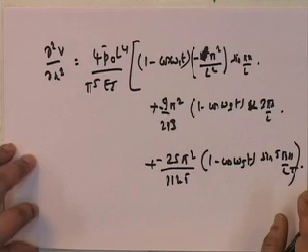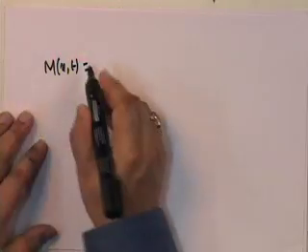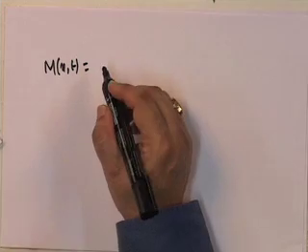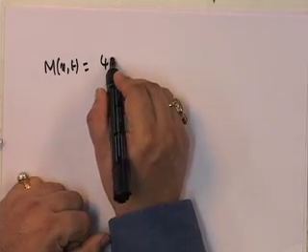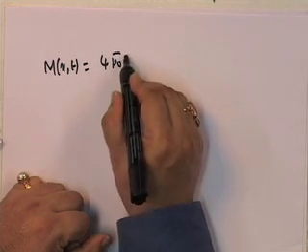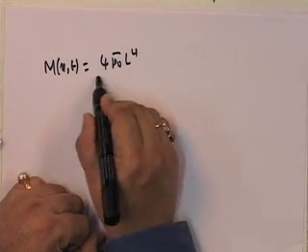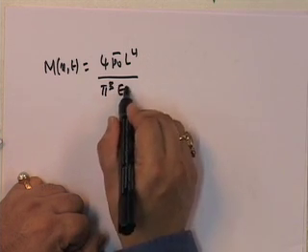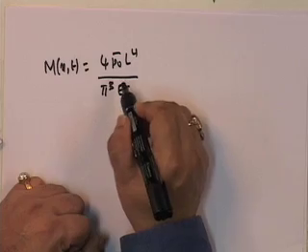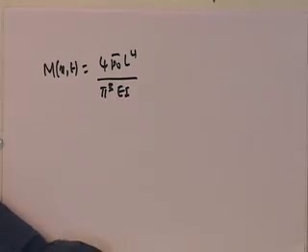So, if I write down the moment, I get mx of t equals 4 p naught L4th upon pi 3 EI, and there is an L squared in every term.